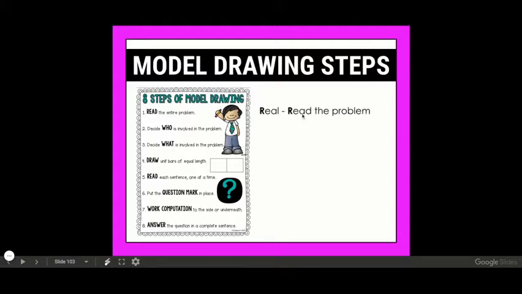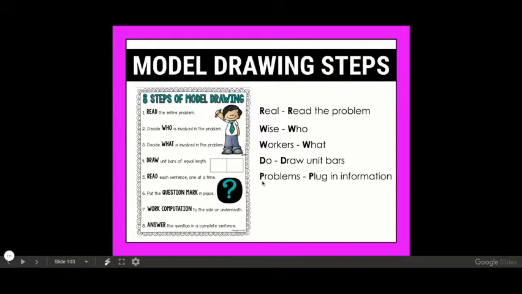So real stands for read the problem. Wise is who. Workers is what. Do is draw our unit bars, and remember we draw them equal. Problems stands for plug in the information. Quit stands for question mark.